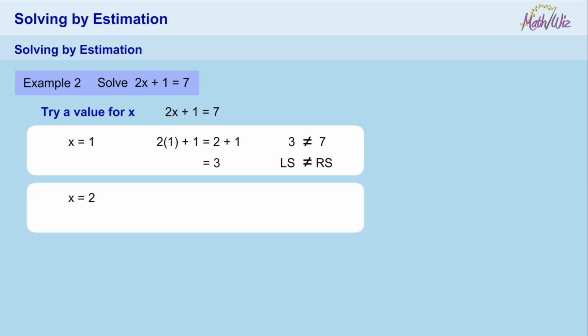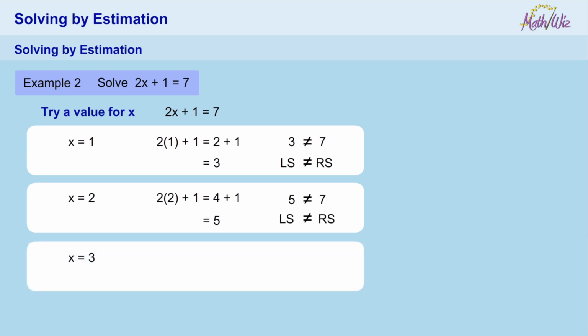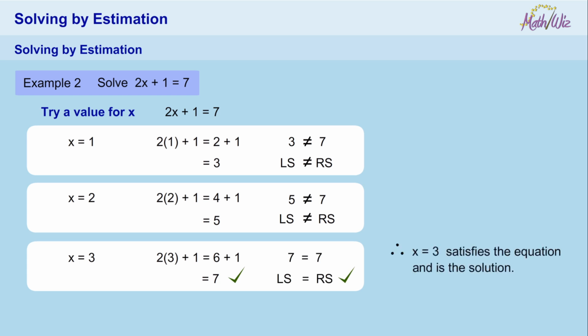Let's try x equals 2. After doing the calculations, you can see that left side equals 5, right side equals 7. They're not equal to each other. This is not the solution either. Let's try again. x equals 3. Aha, this time the left side does turn out to be 7, just like the right side. So the left side equals right side, therefore x equals 3 satisfies the equation and is the solution.